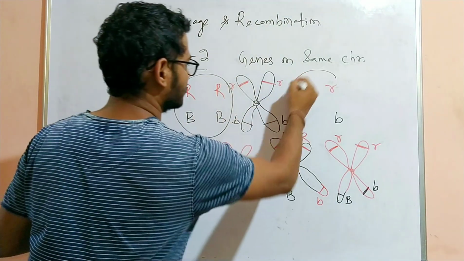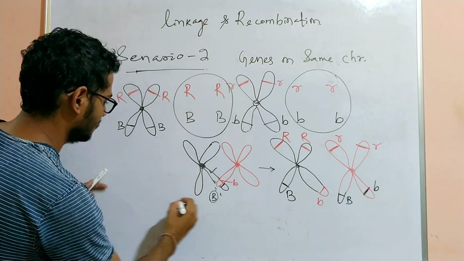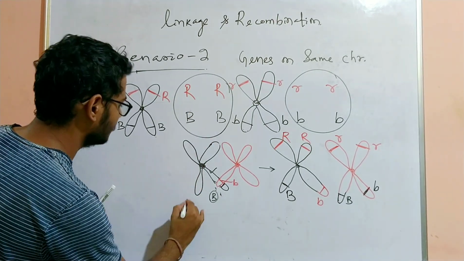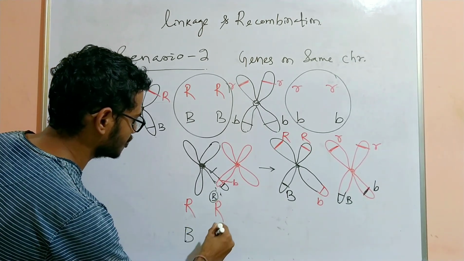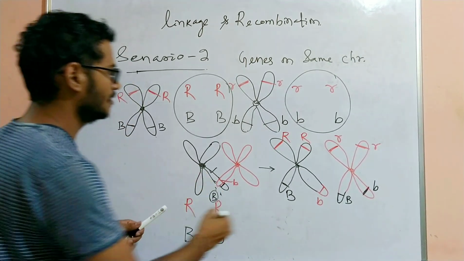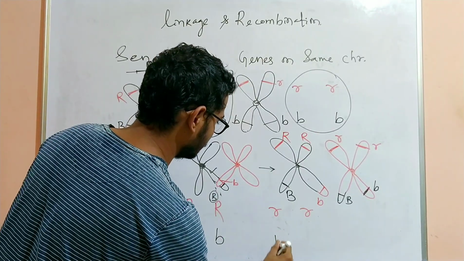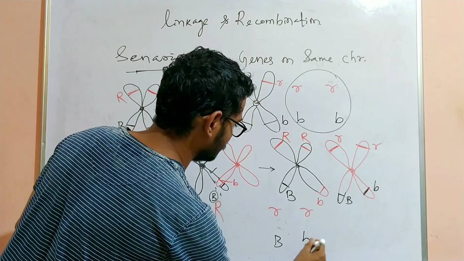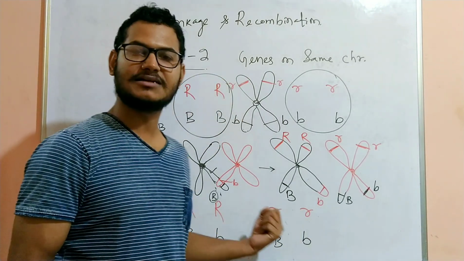This was the original situation. After crossing over, what will happen? This will become capital R, capital B, small b, and this will become smaller, capital B, small b. Okay, so this is the condition after crossing over.